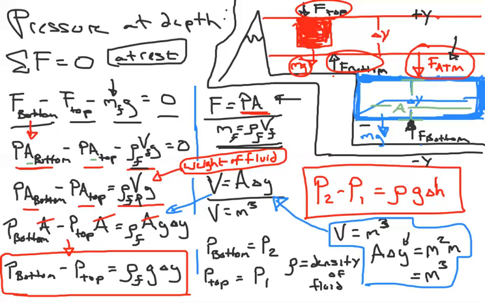And so what you'll do is you'll typically see this equation written as P2 and P1. So I have written right here that P bottom is actually P2 and P top is P1 in this equation.